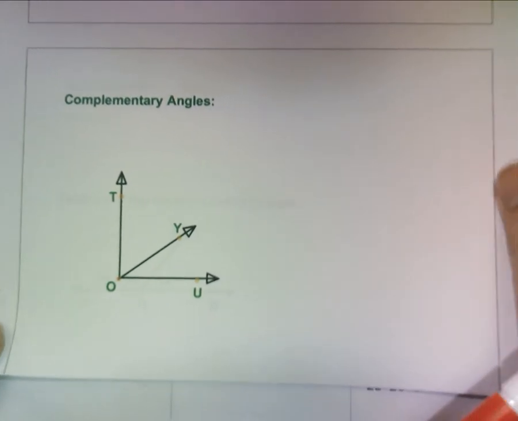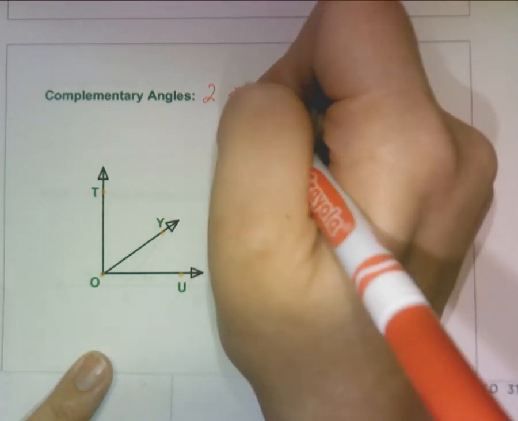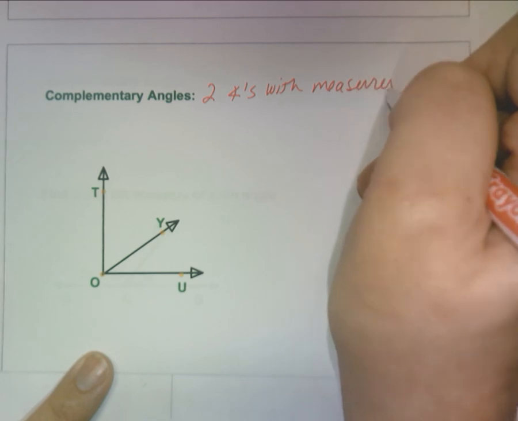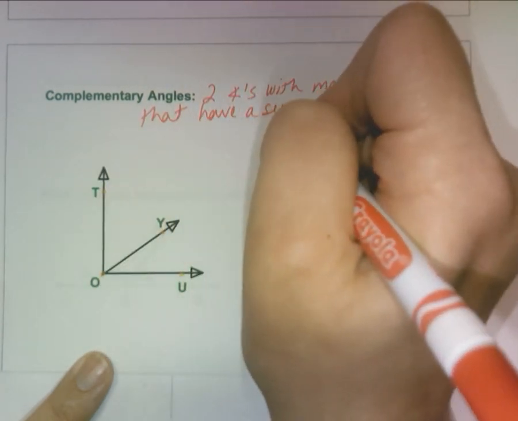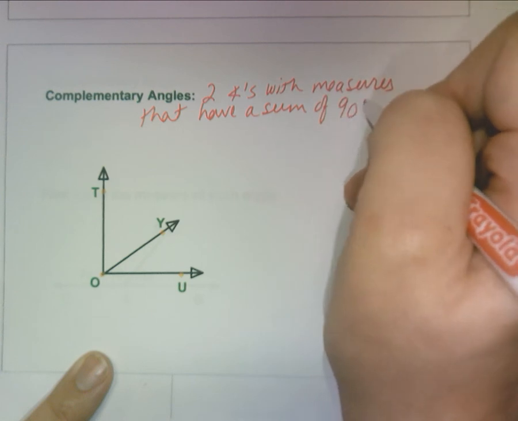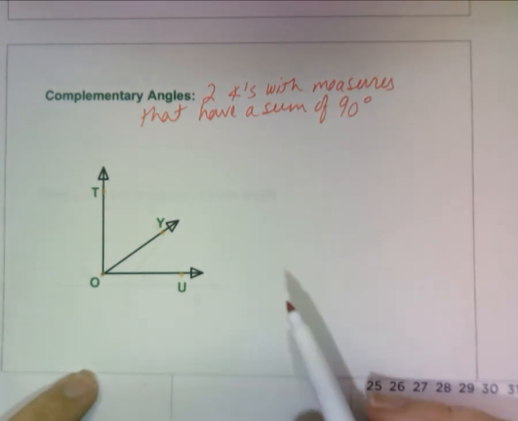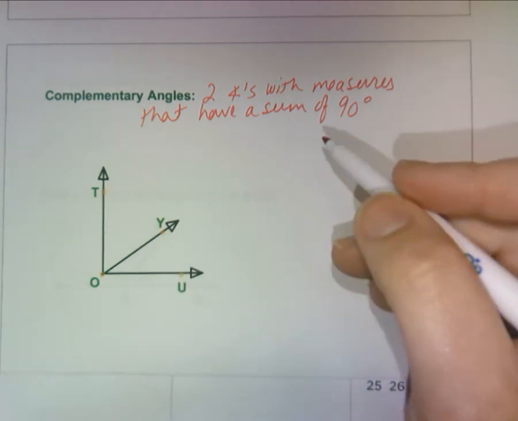Another definition. Complementary angles. Two angles with measures that have a sum of 90 degrees. So looking at this picture right here, two angles that have a sum of 90 degrees. By the way, they don't necessarily have to be adjacent.